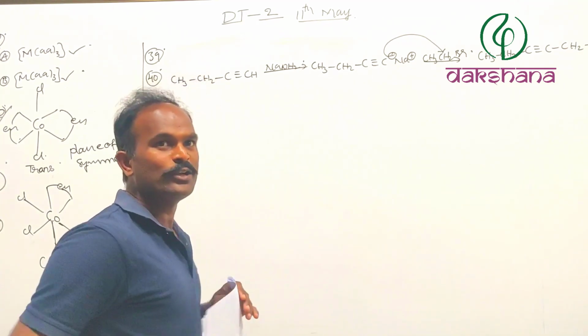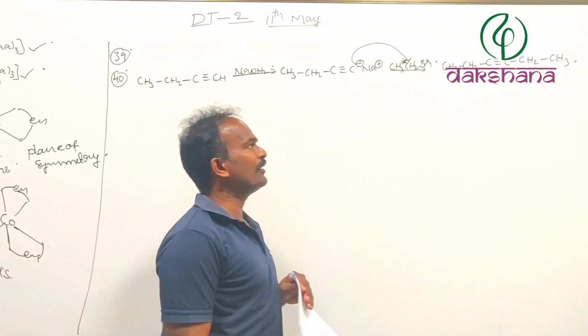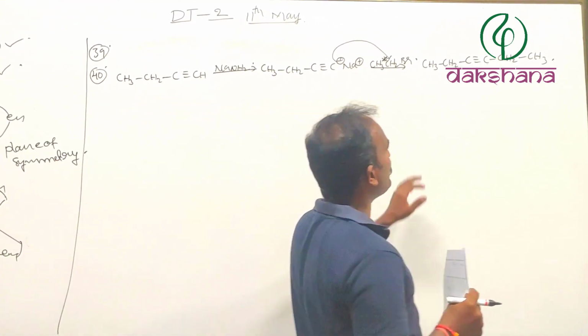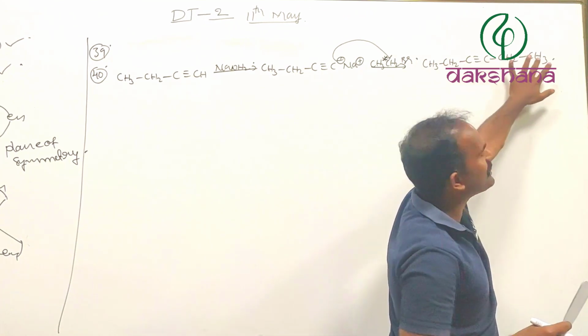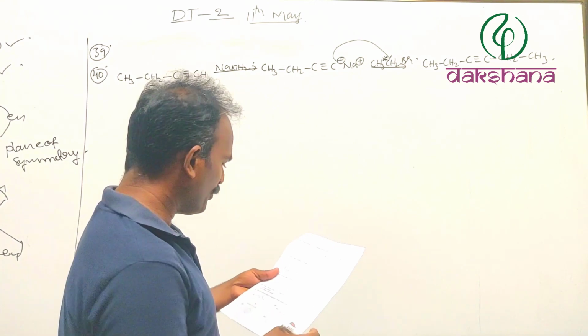It is going to add this carbon. Now the formed compound, counting 1, 2, 3, 4, 5, 6, is a 3-hexyne compound.